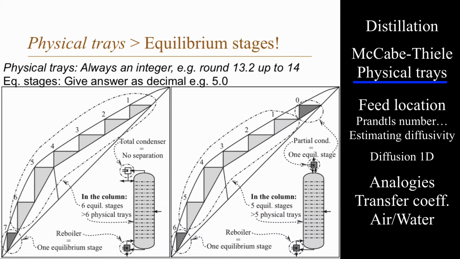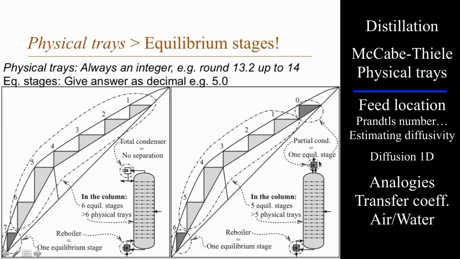And when we counted physical trays, remember that physical trays are always more than the number of equilibrium stages, because the efficiency is always less than 100%. But in order to make these overall tray efficiencies comparable between different setups, we take away the things that happen outside the column. So if you have a reboiler here, that's one equilibrium stage, and we typically have that in our course.